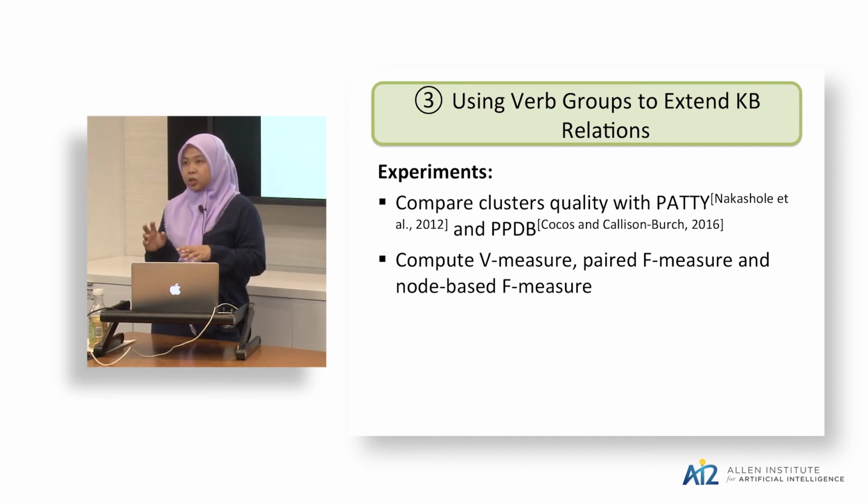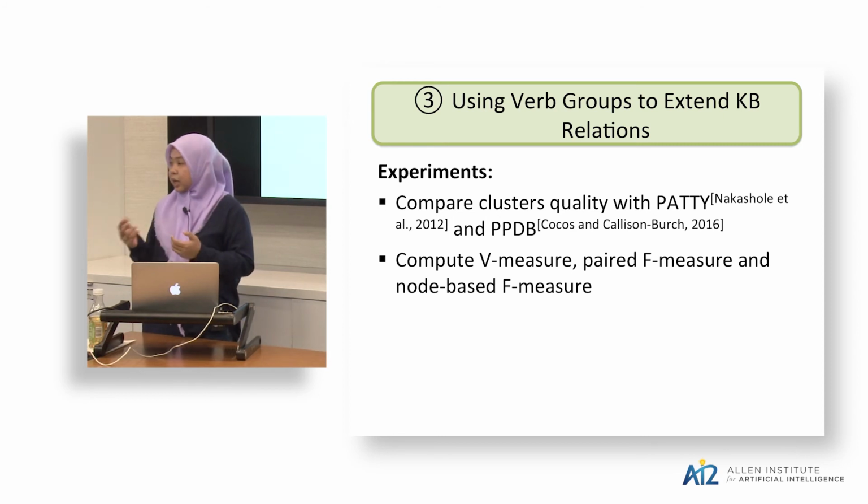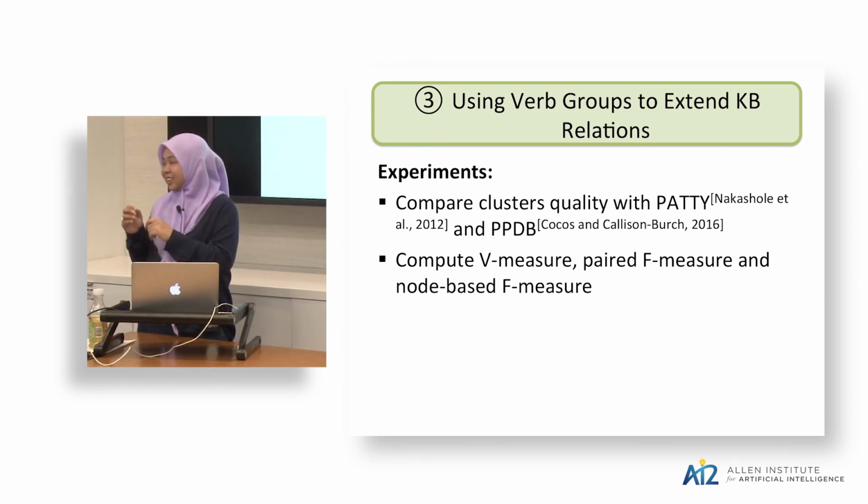The paired F measure measures the precision and recall as in classification. So two verbs that should be in the same cluster are positive instances, and two verbs that are not in the same cluster are negative instances.